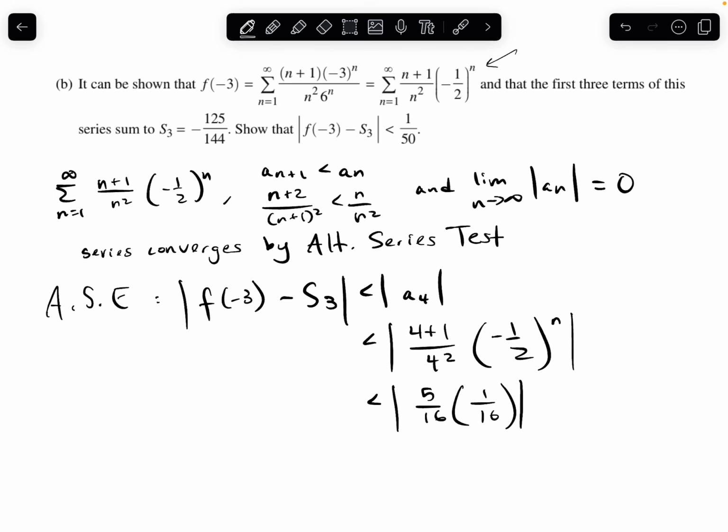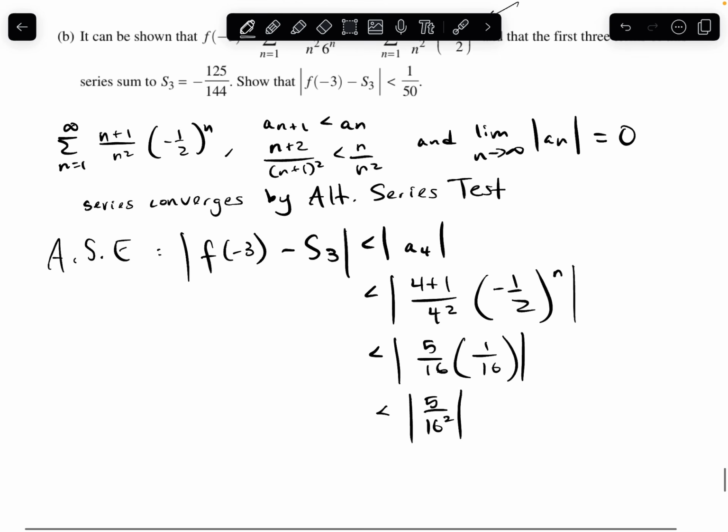I'm just taking the absolute value of all that, which is just going to be 5 over 16 squared, which is the same thing as 5 over 256.